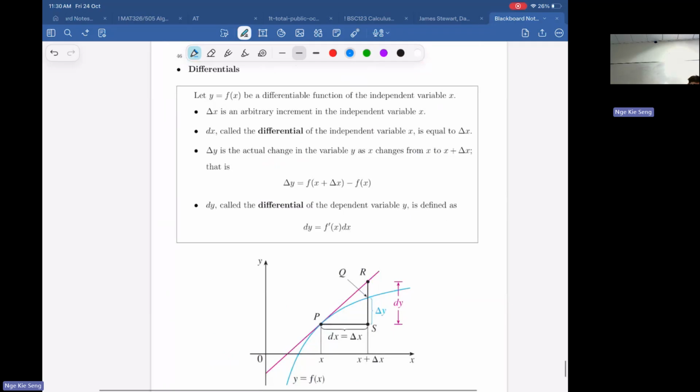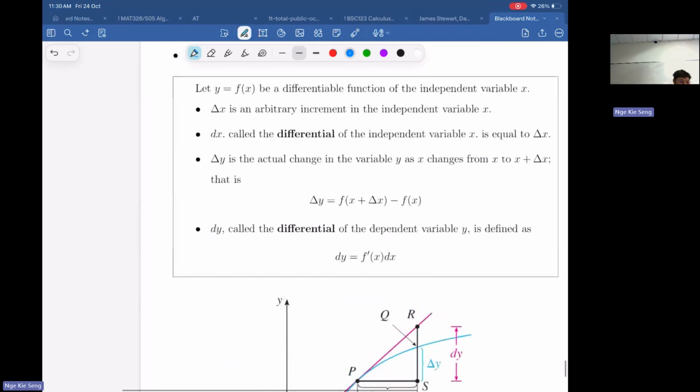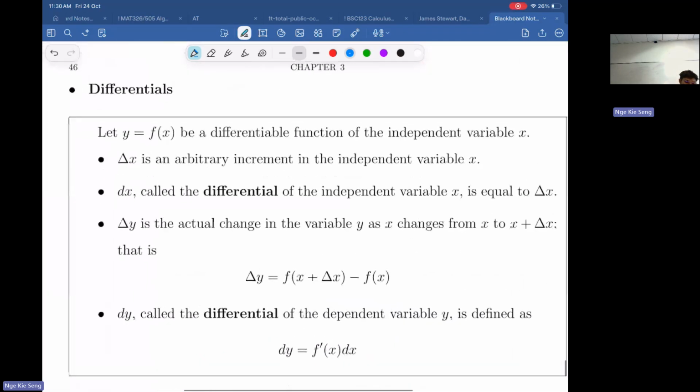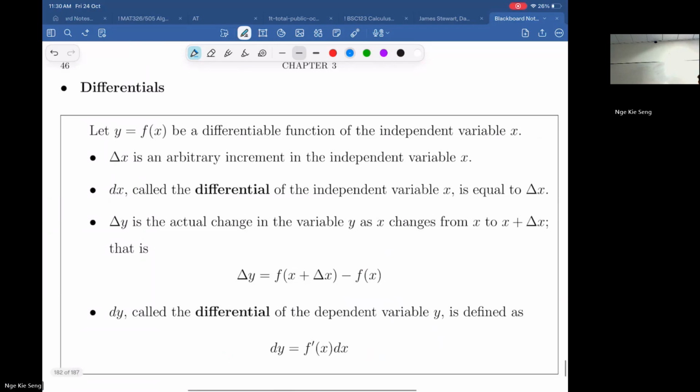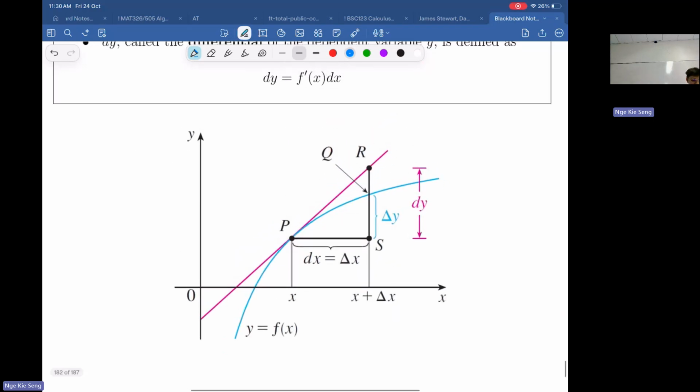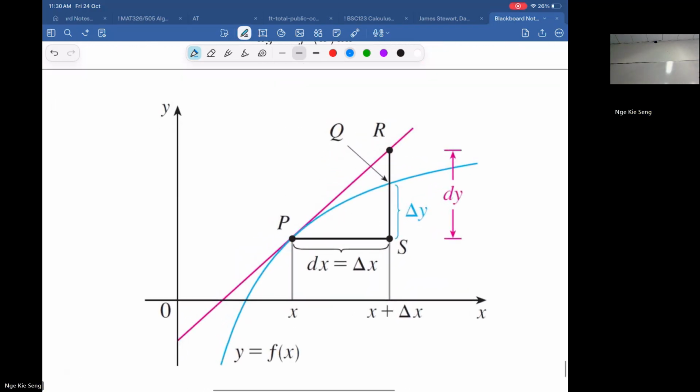Next, from this idea, we will introduce something called the differentials. We will differentiate what is delta x and dx. Let's use this picture to tell you. The y is the blue curve, and the red line is the tangent line at x.